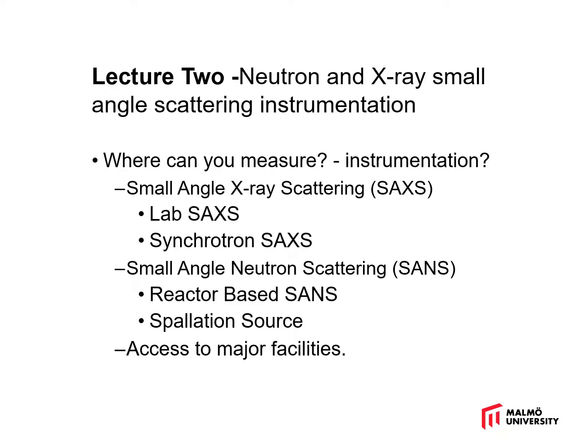Then small angle neutron scattering, SANS. There's two kinds, reactor-based SANS and spallation source or time of flight SANS. I'll also talk a little bit about access to major facilities. Both synchrotron and SANS require access through a proposal system, and there are some very specific considerations when you come to do these experiments.